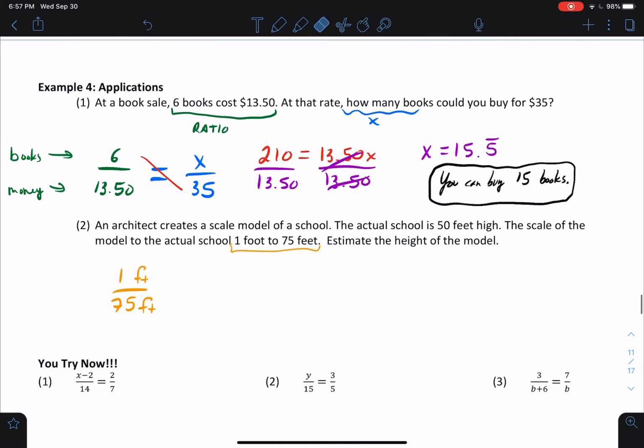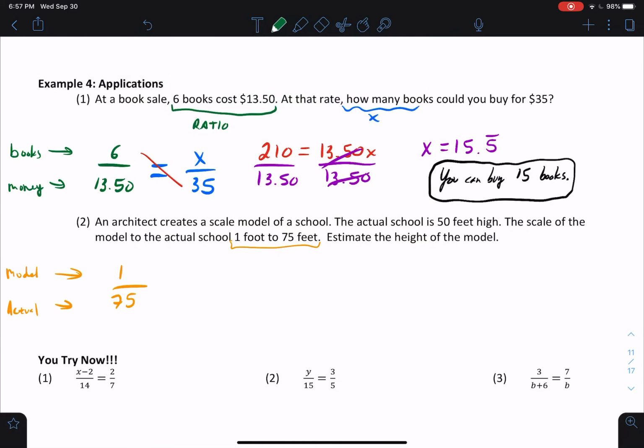Okay, I'm going to cancel off my units because that can make it a little confusing. This 1 represents the model. This 75 represents the actual school. Okay, we know the actual school is 50 feet high.